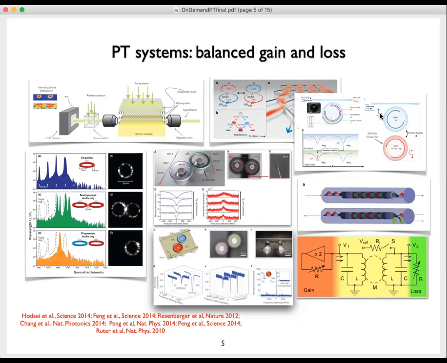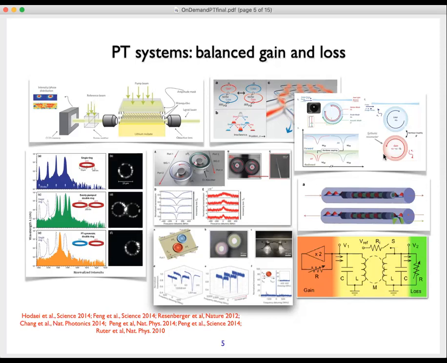This is another example where there is a single cavity, but it has two modes, clockwise and counterclockwise. One of them is lossy, the other one has gain. And the methods for implementing loss and gain are usually distinct.